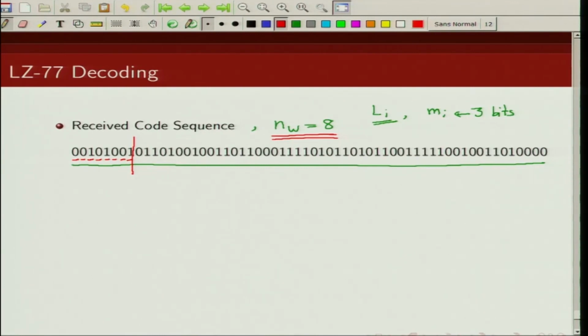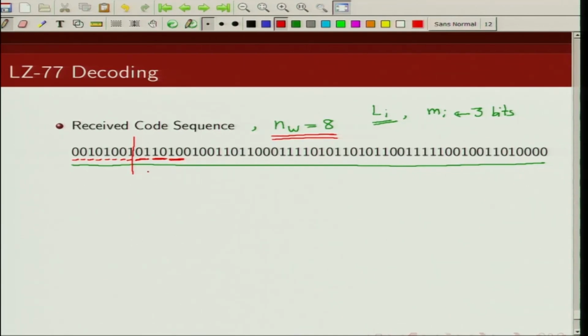Next is the encoding for L1. There is a run of single one, so I should look at the next 2 bits. This is the encoding for P1. These next 2 bits give the binary number 2, so the next 2 bits are going to be my actual encoded value.